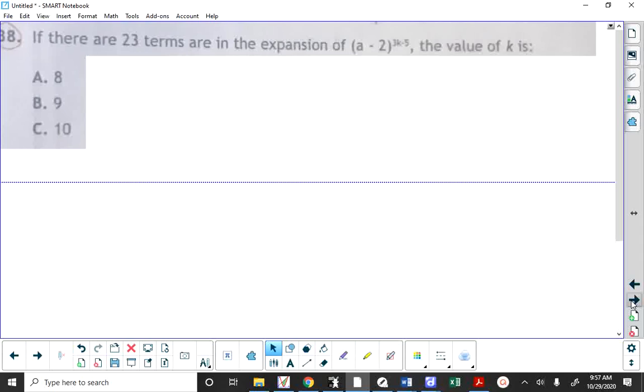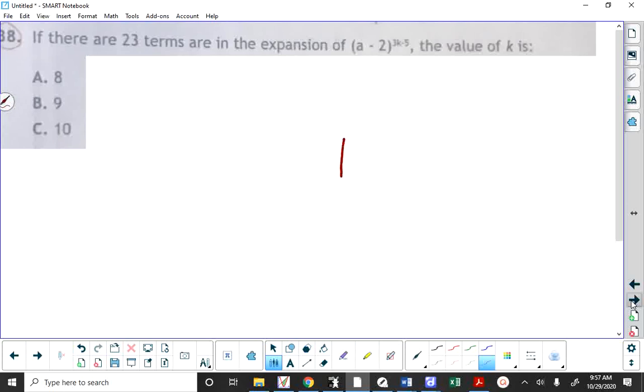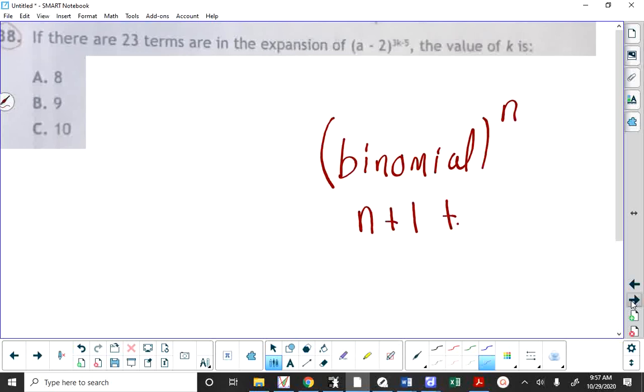And the final question here is a really strange question. It has to do with the binomial theorem. What you need to remember is that when you have a binomial raised to an exponent, I'm just going to say n, this will have n plus 1 terms.